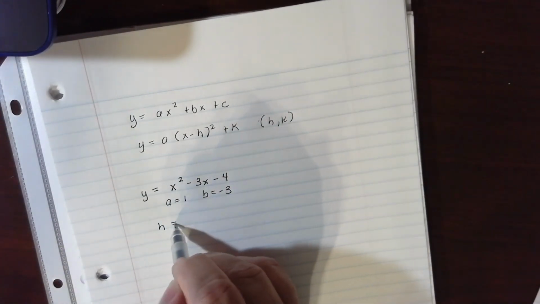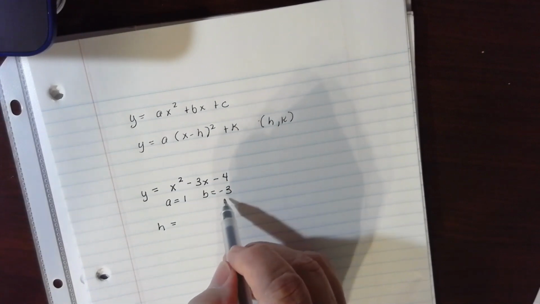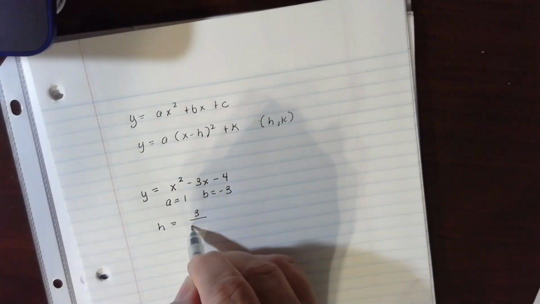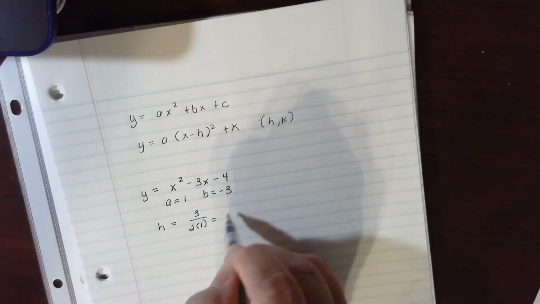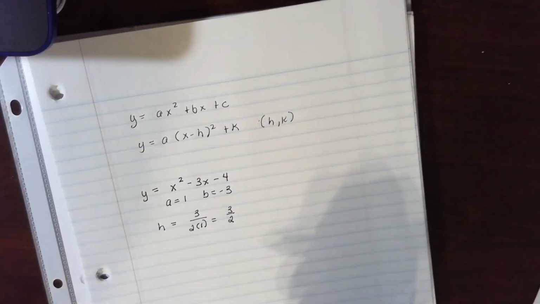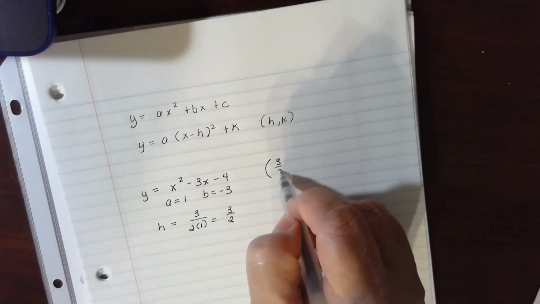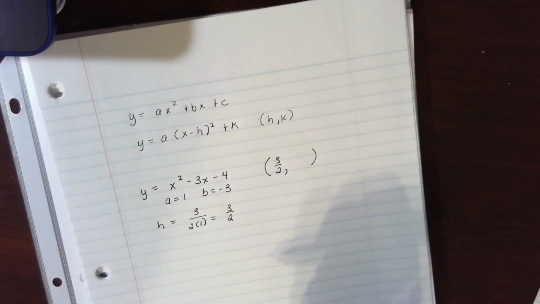And h is the opposite of b, so that'll become +3 over 2 times a, which is 3/2. So I know that the first coordinate of the vertex is 3/2.